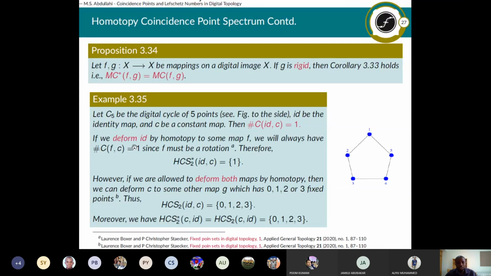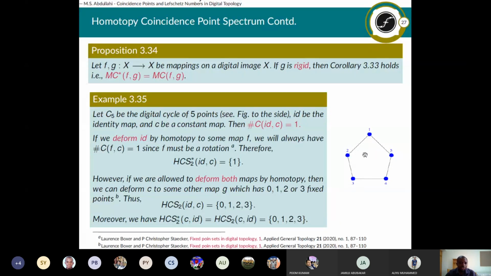But what will happen if we are allowed to deform only the identity mapping? If we are allowed to deform the identity mapping by some homotopy, then this coincidence set will also be equal to 1. Why? Because it was shown by Boxer and Staecker that any mapping that is homotopic to the identity on a digital cycle must be a rotation.